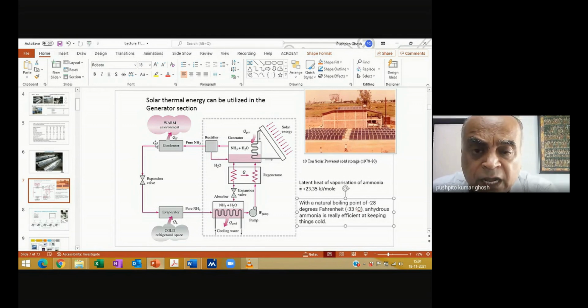But there is also a significant amount of vapor. It may not be all liquid. There will be liquid in contact with some amount of vapor, but there will be no water. That's very important, that the rectification here must remove all water and only allow the ammonia to pass through.